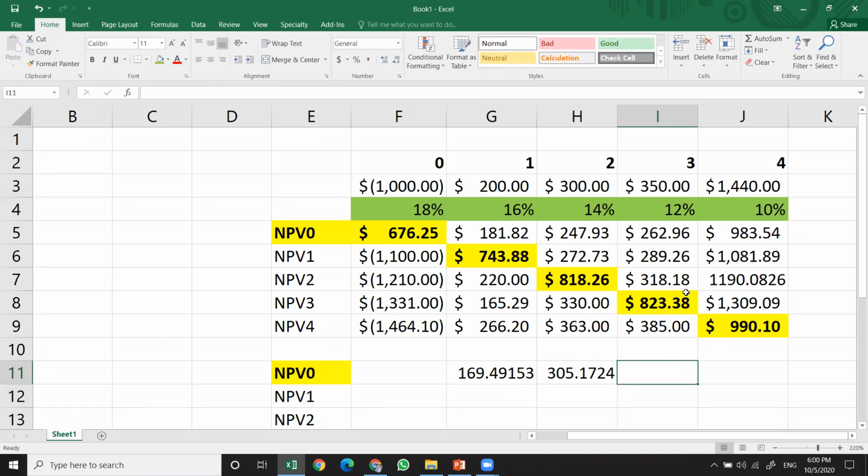We move to this third cash flow, which is 350, that considers 1 plus this, times 1 plus this, and this time 1 plus 18.